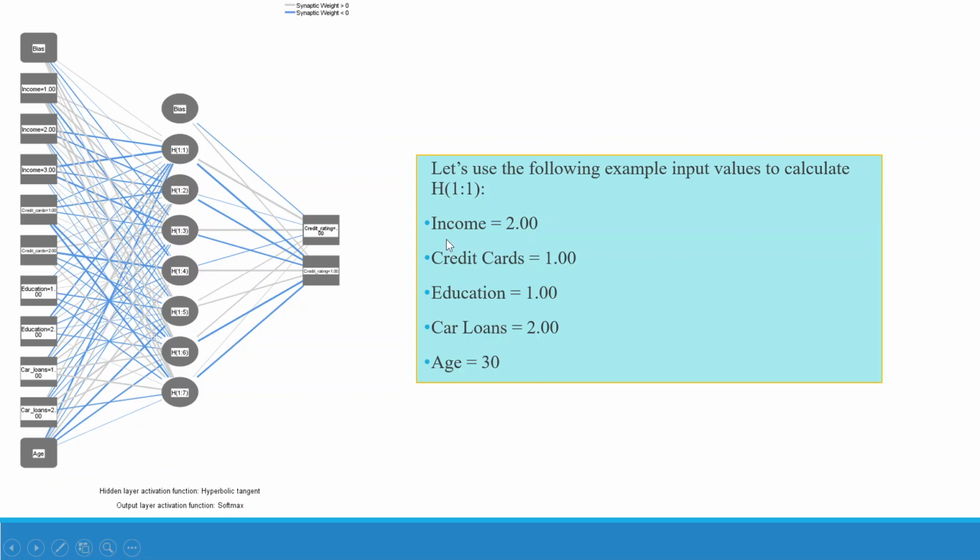Okay. Now let's take one example of one customer. Income is 2, which means the category is 2. Credit card 1. Education 1. Car loan 2. And age is 30.